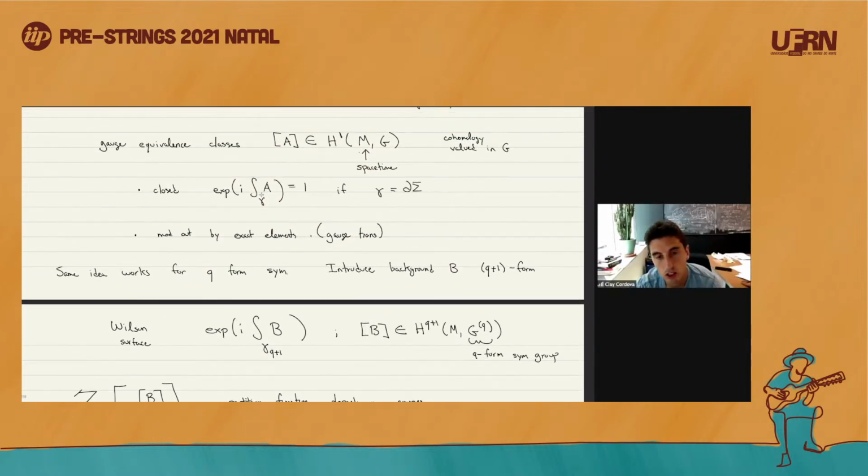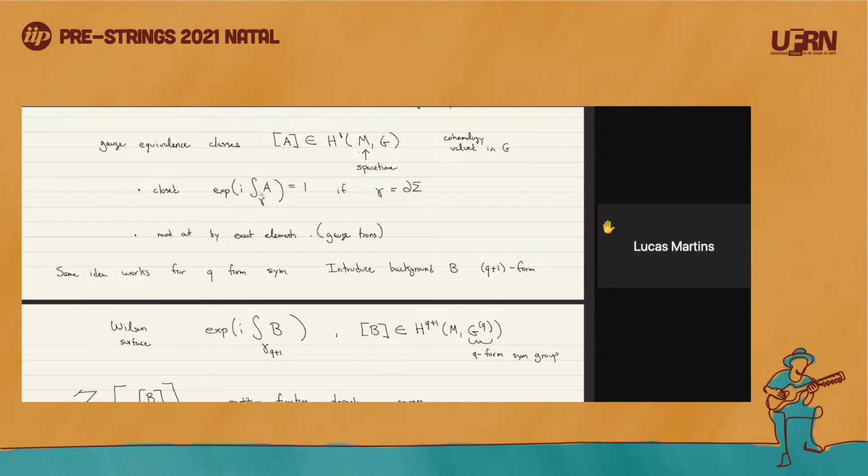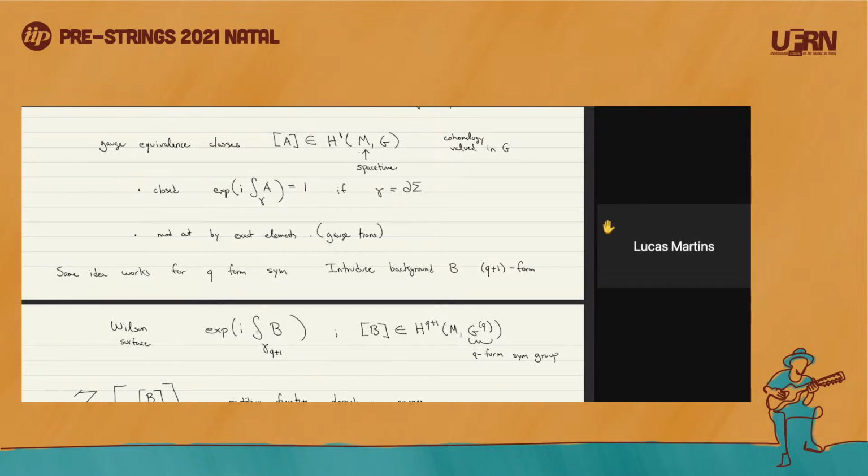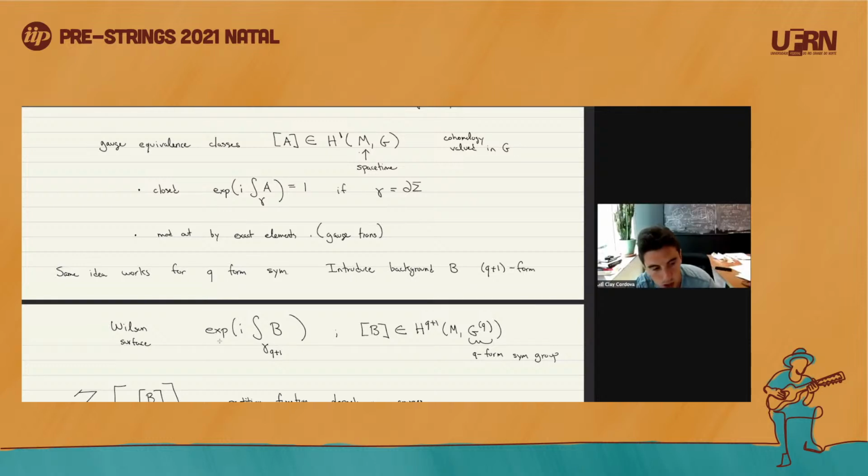So we want to consider some topologically non-trivial loop, say for this case, and we want to ask what phase does the gauge field produce when we wind around that loop. Here, we're talking about the same notion, but on a surface, where by surface I mean something of dimension q+1. Okay, thank you.